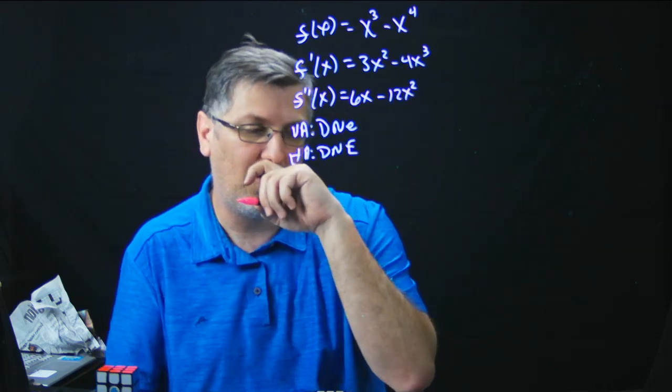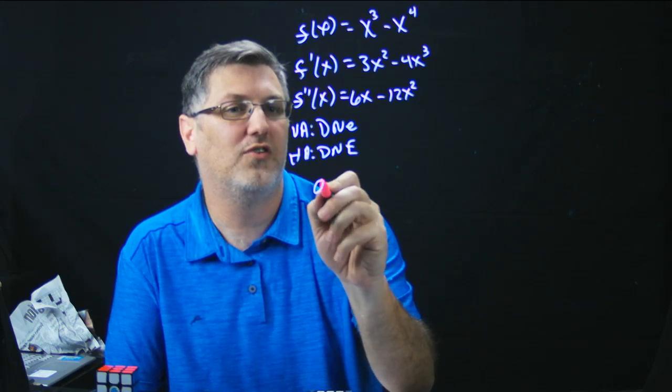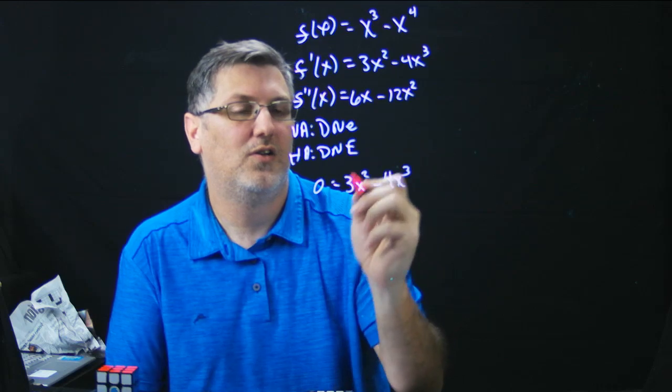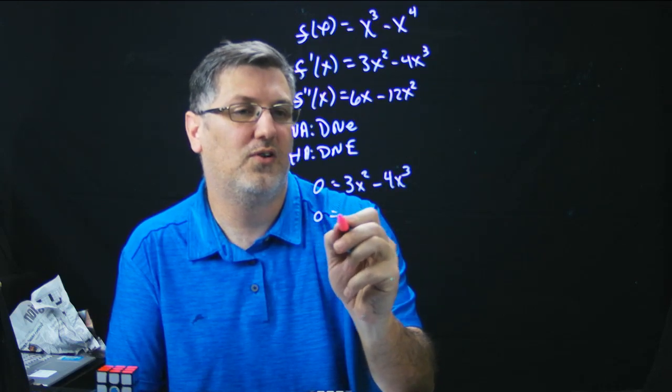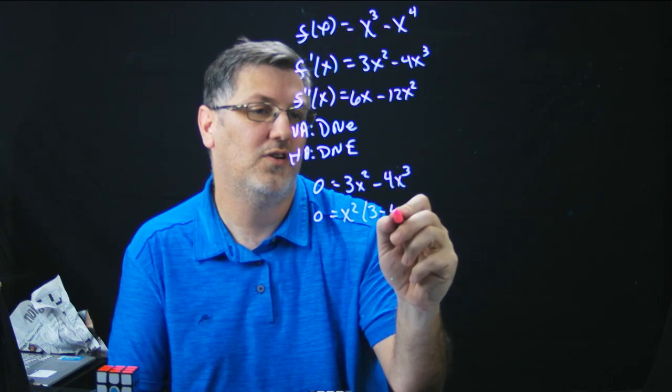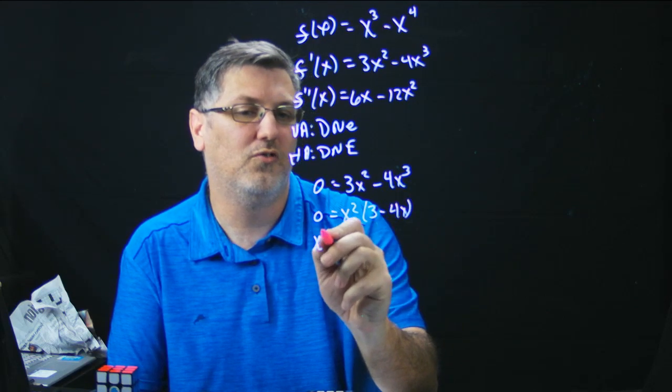Okay, so here's the first derivative. Let's find our critical values by setting it equal to 0. Factor out a GCF. 3 minus 4x. Set them both equal to 0.